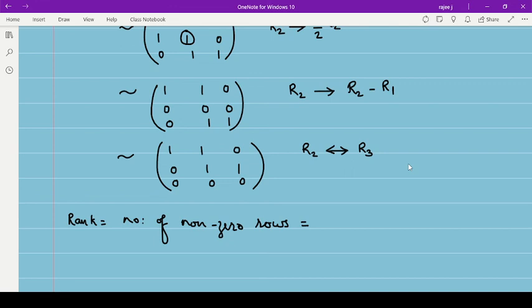Here all elements are 0, so this is not a non-zero row. Here this is 1 and this is 2, so two non-zero rows are there. Therefore the rank of the given matrix A is 2. In some books you can see it as rho of A, rho of A is 2, the same rank. This is read as rho.